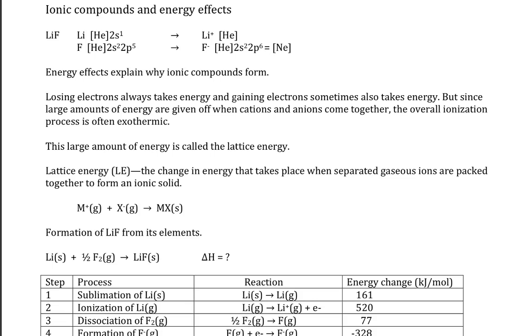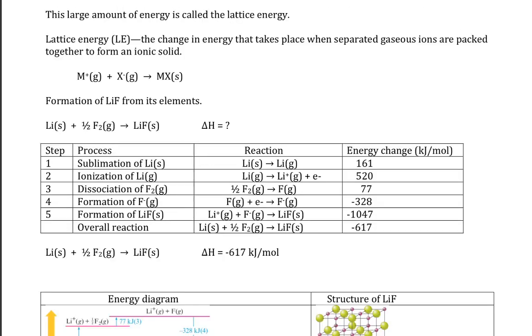So it's the energy given off when minus and plus in the gas phase come together. And it's shown by the reaction M+, some kind of metal with a plus charge as a gas, plus X-, a nonmetal with a minus charge as a gas, come together to form MX, the solid ionic compound.